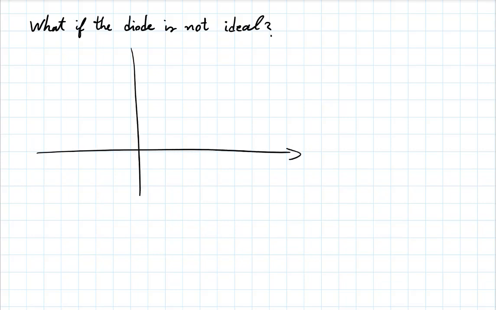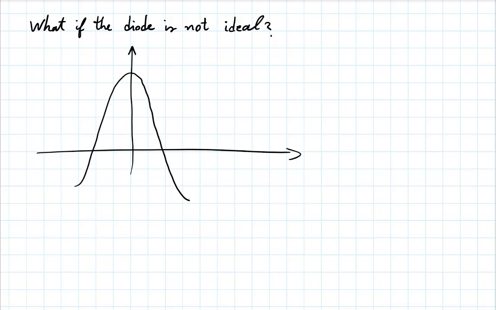So I still have the same input voltage, this cosine curve. Well, if the diode is not ideal, here, let me draw this here to have it accessible.